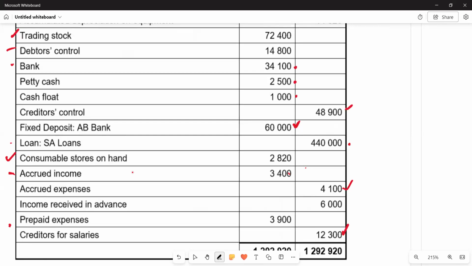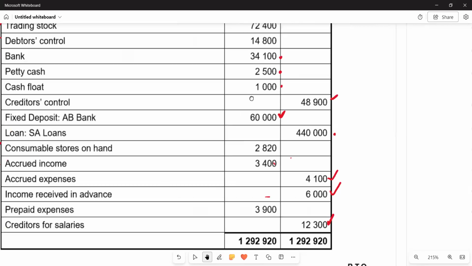It's also part of payables. And also we've got income received in advance. This is a prepayment of an income. It's also a payable. So what we are saying is we've got 12,300 plus 6,000 plus 4,100 plus the figure for creditors control, 48,900. Then we get to the total for trade and other payables.